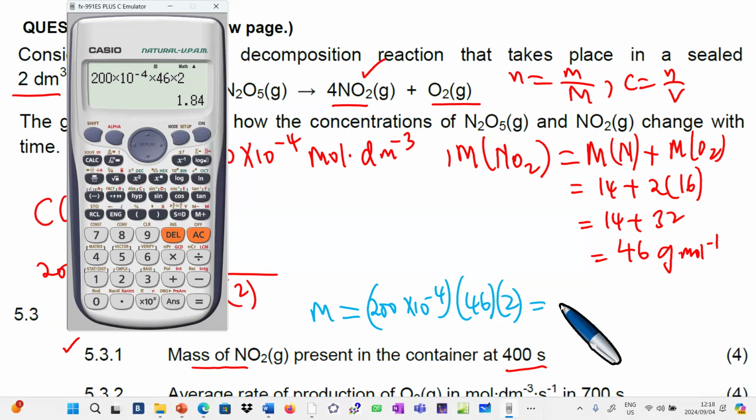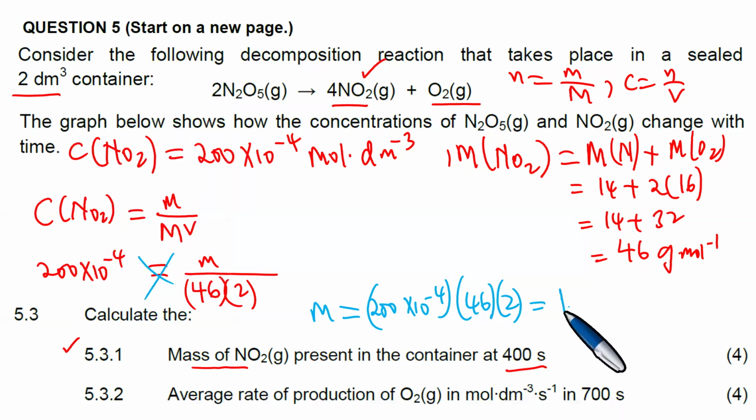So we have 1.84 grams. This is the mass of NO2 present in the container at 400 seconds.